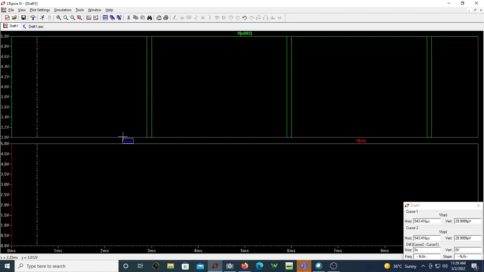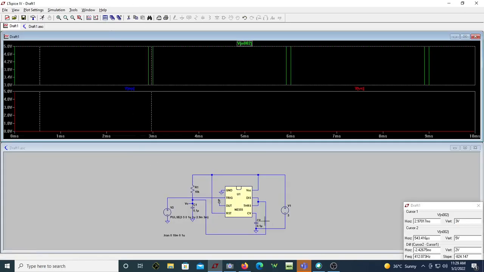It's not going to the quasi-stable state because the trigger voltage, even when it is low, is actually 3 volts. In my simulation I specified the initial voltage as 3.